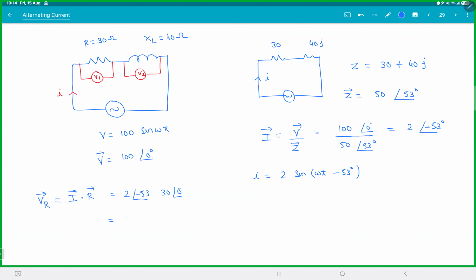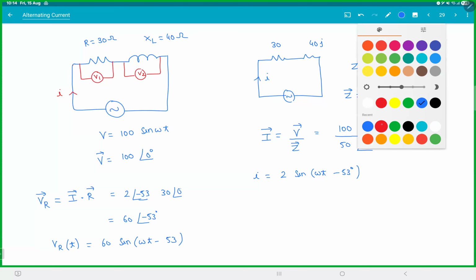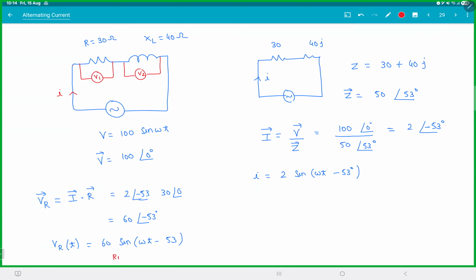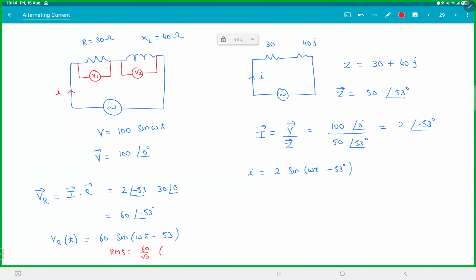Therefore, this guy will be 60 minus 53 degrees. So VR as function of time t will be 60 sine omega t minus 53. So RMS value will be 60 by root 2. This is the reading of V1.